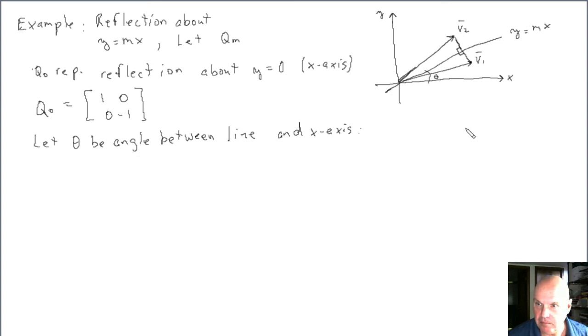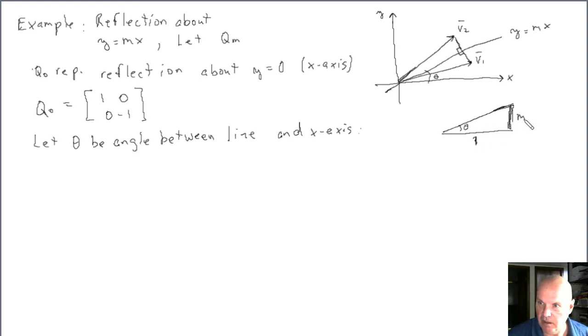Okay. Here's our x-axis. Here's that line. This is theta. Okay. So how is theta related to m? It's the rise over the run, so tangent of theta would be equal to m.